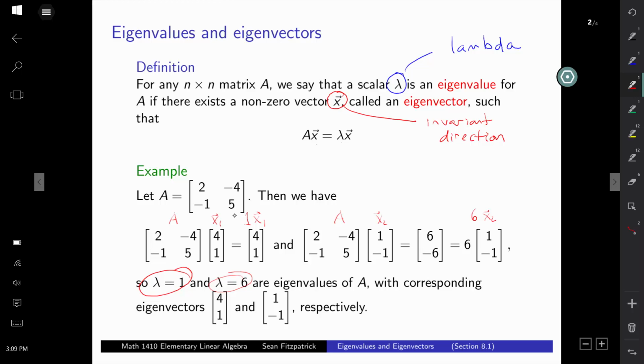Could I find other eigenvectors for lambda equals 6? Or do the 2 I have kind of describe the whole situation? Turns out that, up to scalar multiples of these vectors, the information we have on this slide is everything, but to see that is going to take a little bit of work.